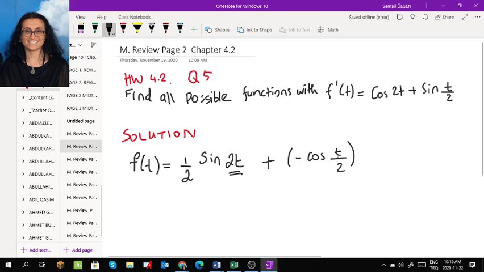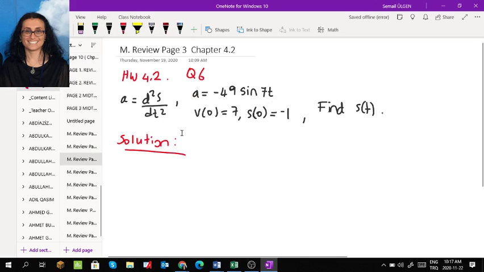But if you take the derivative of this, you get 1 over 2, but we don't have 1 over 2 here, so you multiply by 2. But it says find all possible functions, so we are going to put a big C. This is a constant scalar.